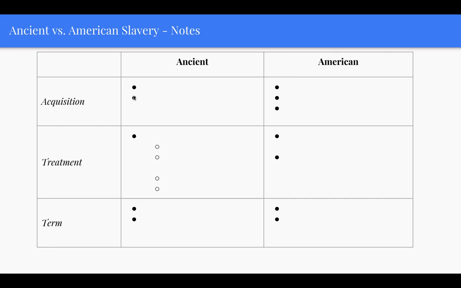And you're going to create this table that has 12 boxes. Down the side, acquisition, treatment, term. Up top, ancient, American. And you're going to want to make this look almost exactly like this. You will be using bullets in your notes. You don't need to include those when you make your table. You include those when you start adding information to this. But right now you want to just create this table. So pause now.